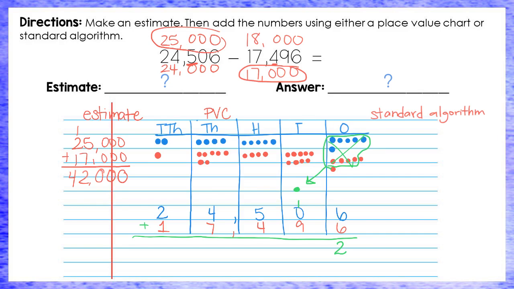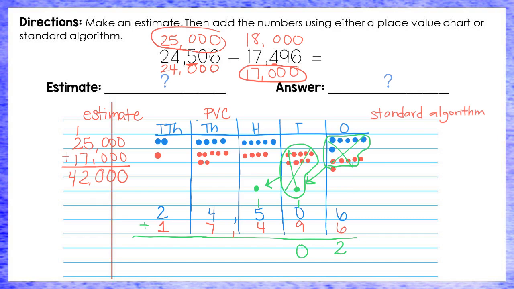Then I have 9 plus 1 more. I can't put a 10 down here. That's not how we do it. So I have to regroup. And now I have 0 tens, but I have 1 more 100. So I'm going to put a 1 above my 5. Because there's a 1 added to the hundreds place.